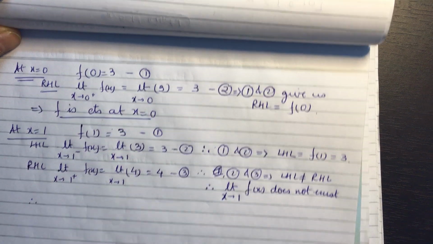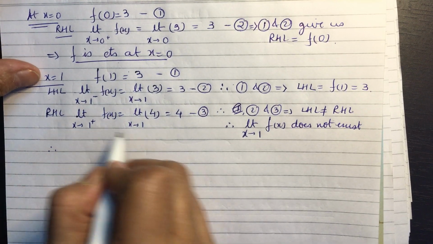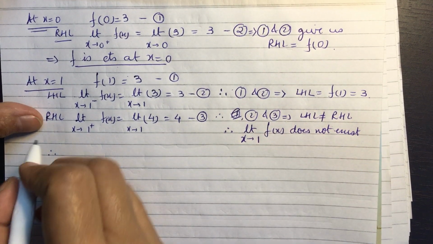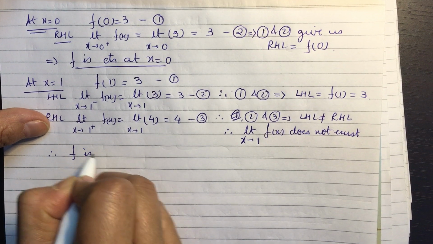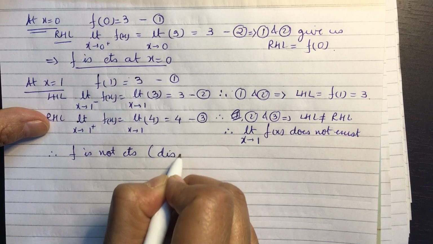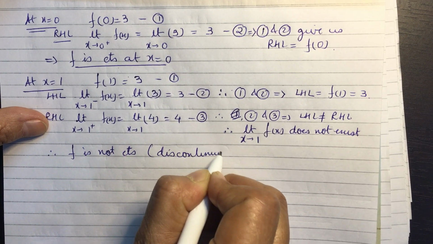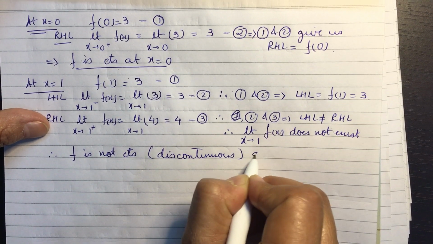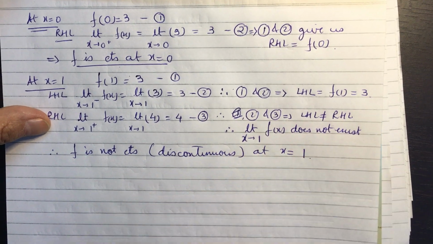Therefore, there is no question of checking the continuity at x equal to 1. So we conclude f is not continuous, or we can say discontinuous, at x equal to 1.